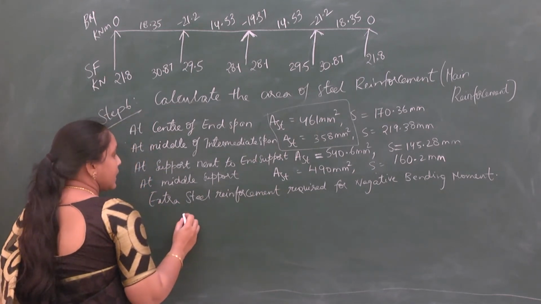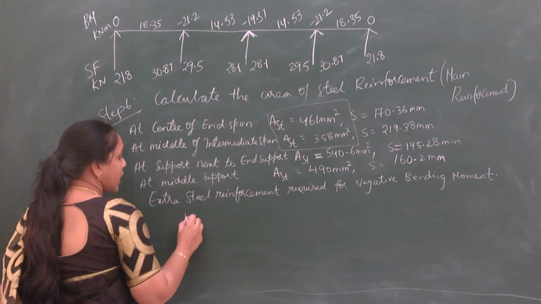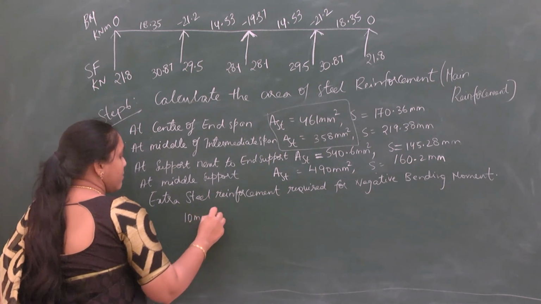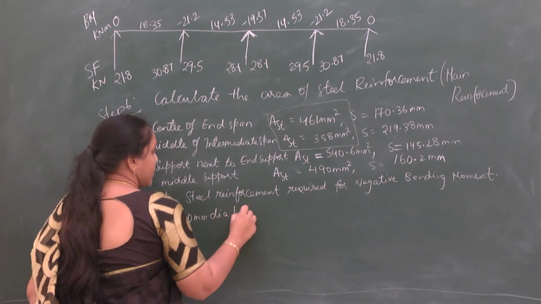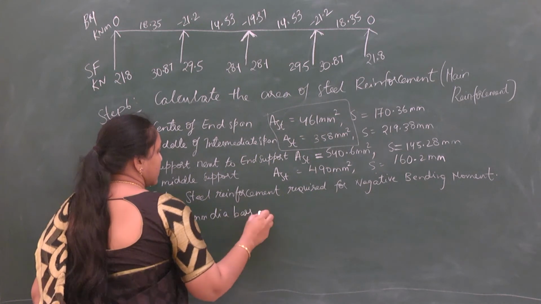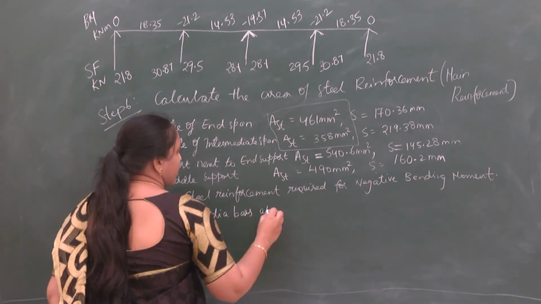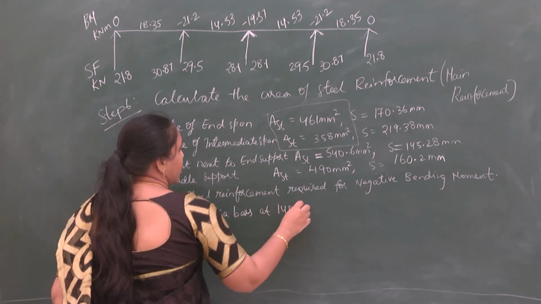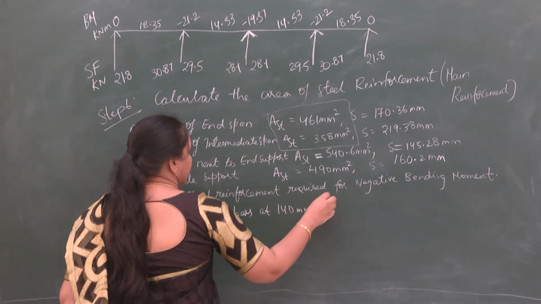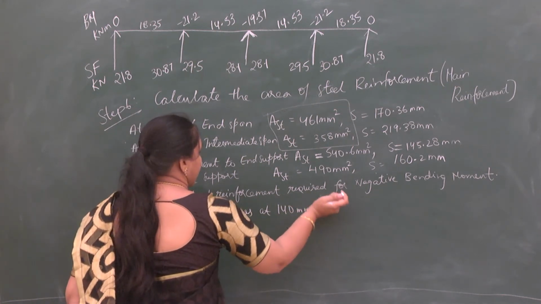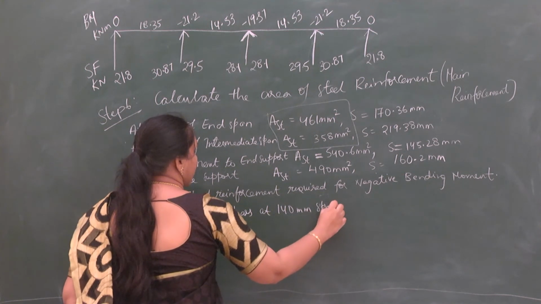How will we calculate the area of steel provided? Suppose I am providing 10 mm dia bars at 140 mm spacing. If the spacing is 140 mm.